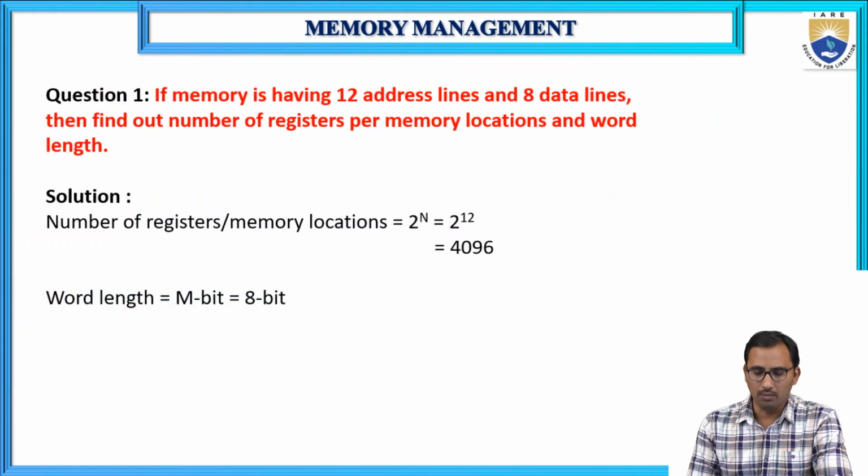And coming to problem solving, question 1: if a memory has 12 address lines and 8 data lines, find the number of registers per memory location and the word length.